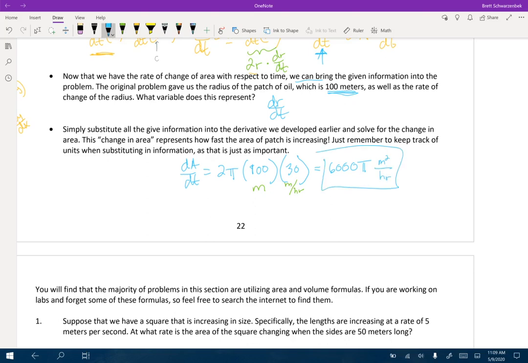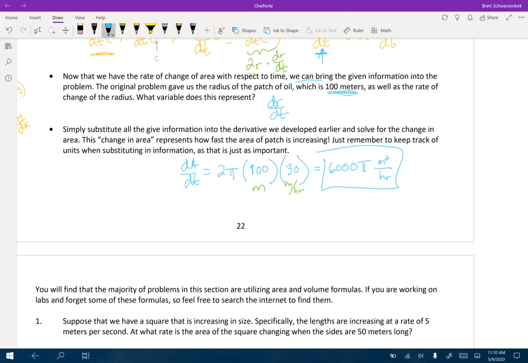So how do we know that? Well, it's actually kind of easy, because all area will create a squared label. If I have the area in meters, it's going to be meters squared. But if it's a rate, then it has to be per time, so it's going to be meters squared per hour.